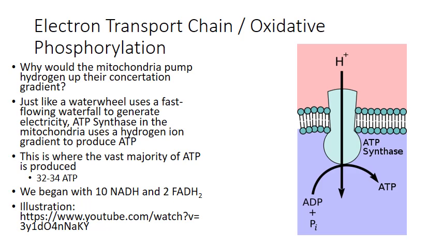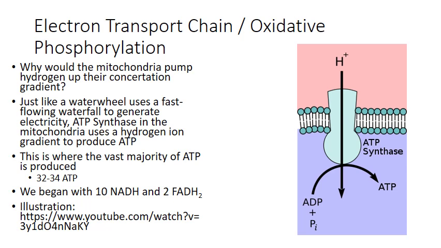And now that we have this concentration gradient of protons, we can let them flow through this enzyme called ATP synthase to make ATP from ADP and a phosphate. So we made all of these NADH and FADH2, so we'd have these high energy electrons that could flow down the electron transport chain to pump protons up their concentration gradient, so those could then flow through an ATP synthase to make ATP.